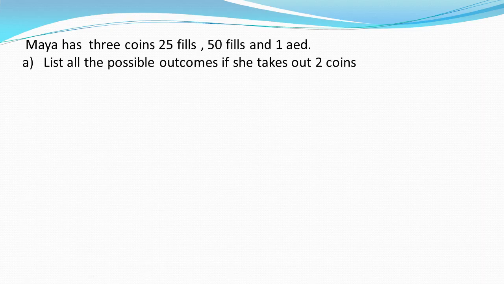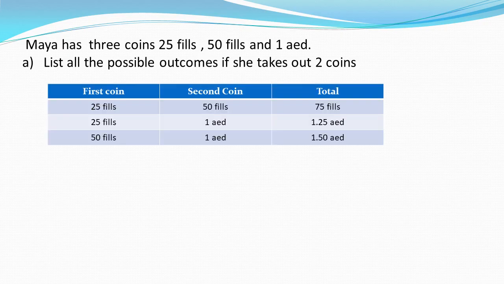Maya has 3 coins: 25 fils, 50 fils, and 1 dirham. List all the possible outcomes if she takes out 2 coins only. Here it's better to do a table. So she has to choose 2 coins. First coin, second coin, and then check her total.